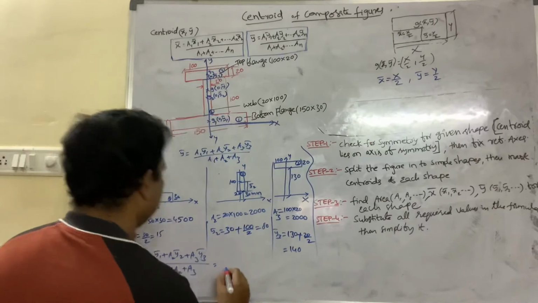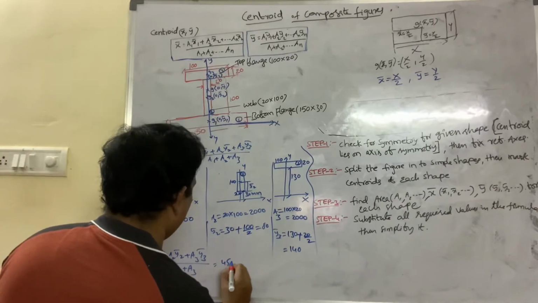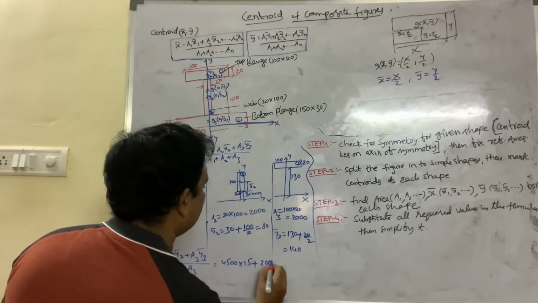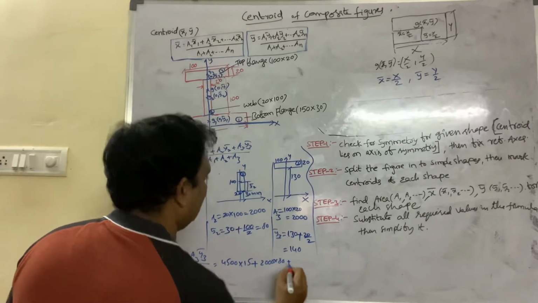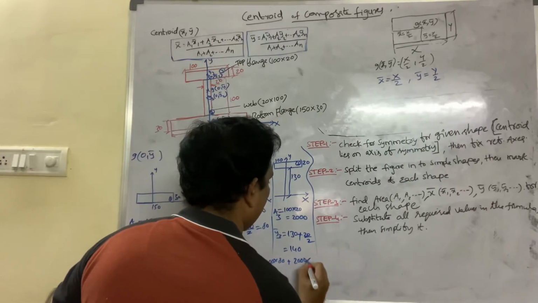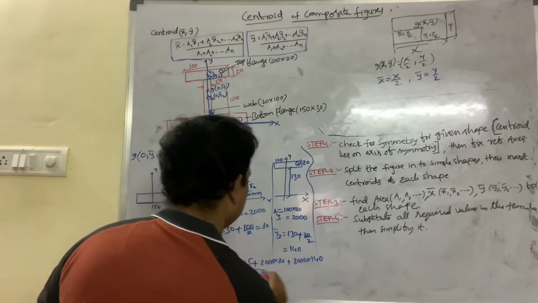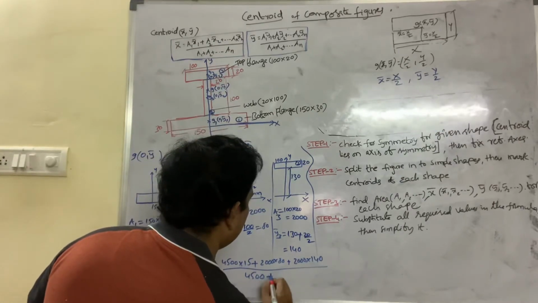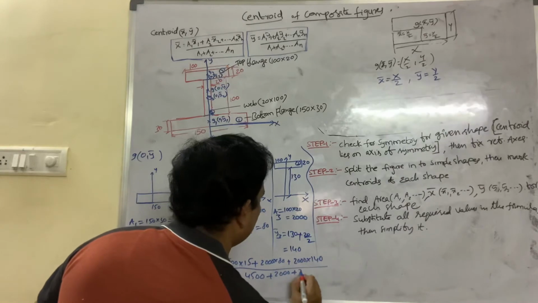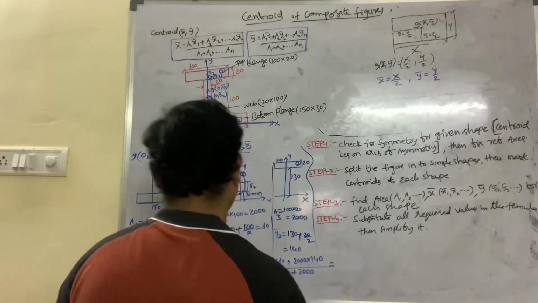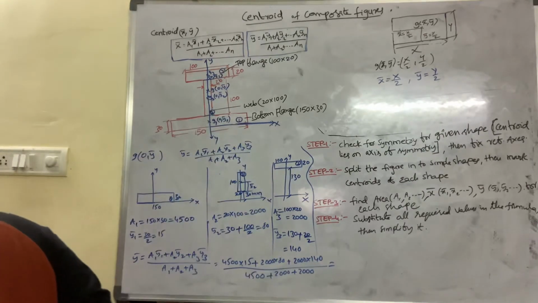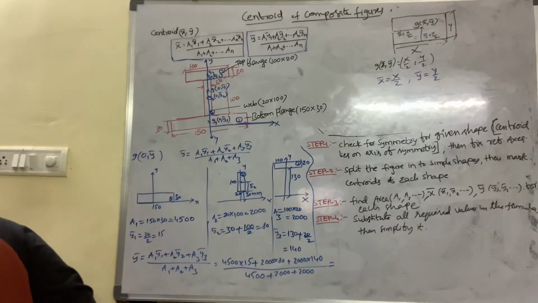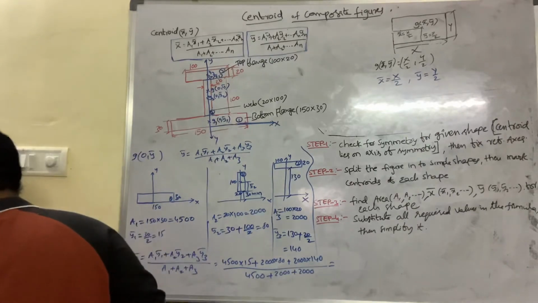That means 4500 into 15 plus 2000 into 80 plus 2000 into 140 by 4500 plus 2000 plus 2000. After all simplifications, I got this value as 59.71.